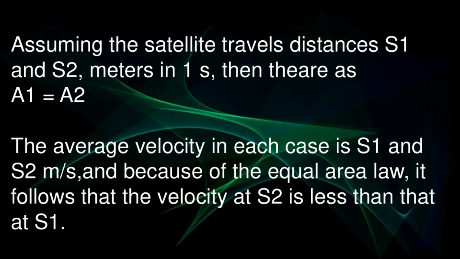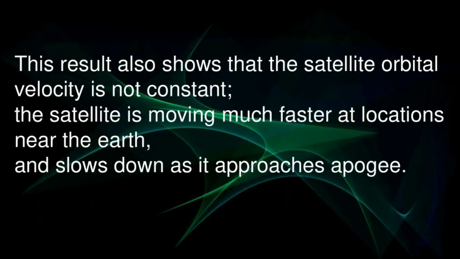The average velocity in each case is s1 and s2 meter per second, and because of the equal area law, it follows that the velocity at s2 is less than that at s1. This result also shows that the satellite orbital velocity is not constant. The satellite is moving much faster at locations near the Earth and slows down as it approaches apogee.